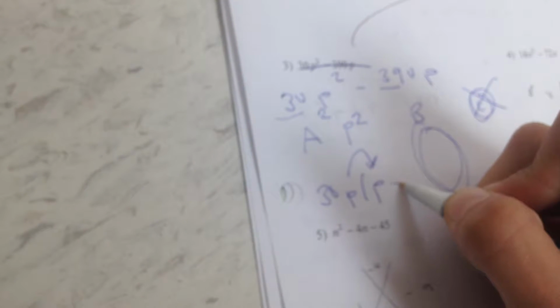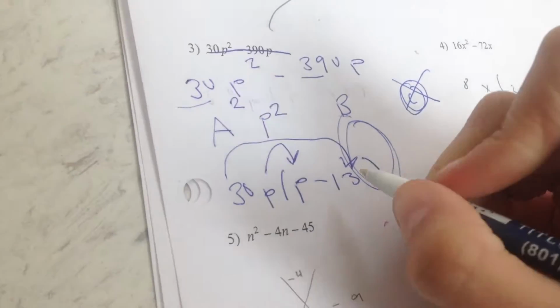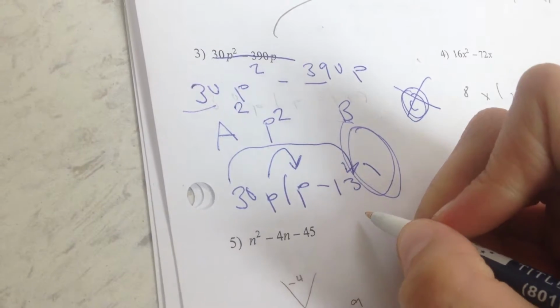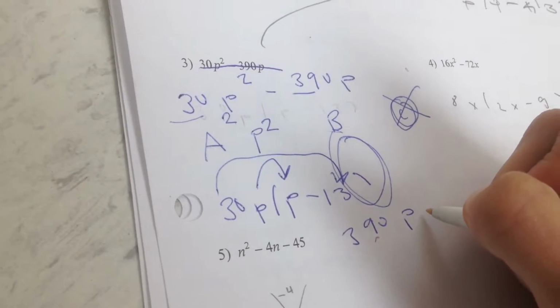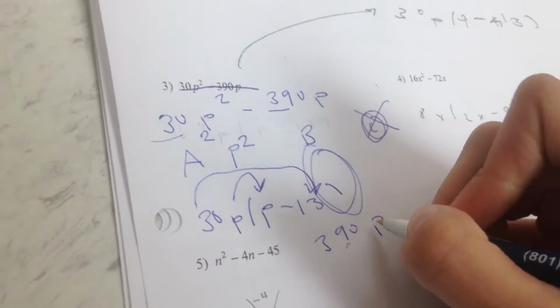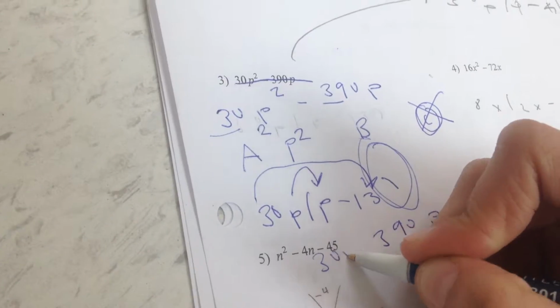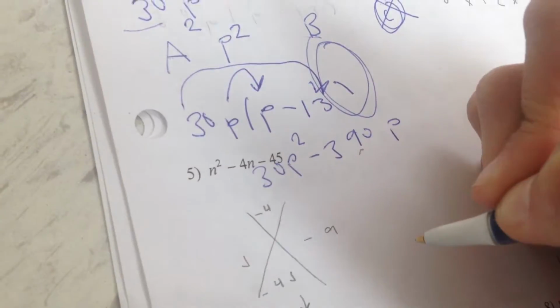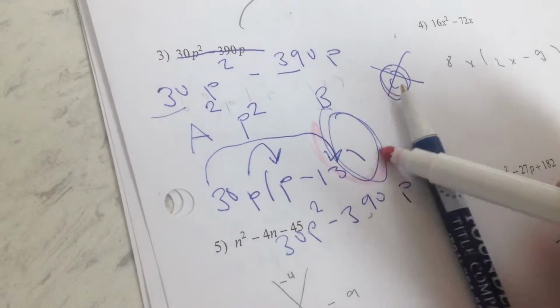And then you're going to put 13, because 30p times 13 equals 390p. And then if you put those two together, you get 30p squared minus 390p. Like I said, folks, full circle of life.